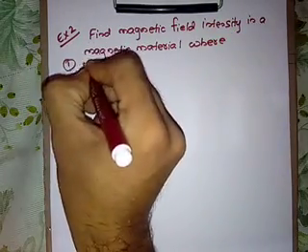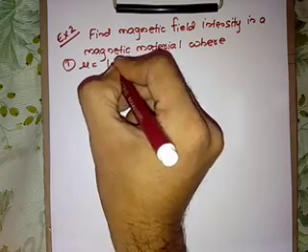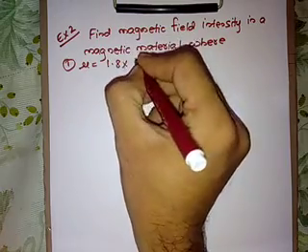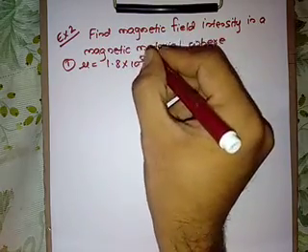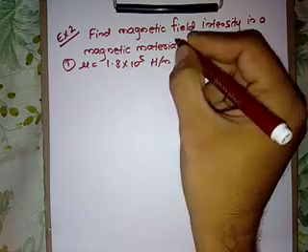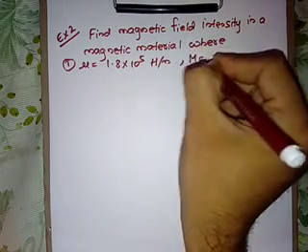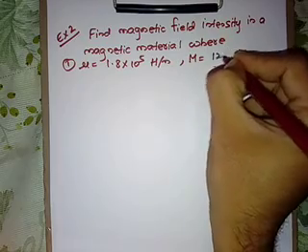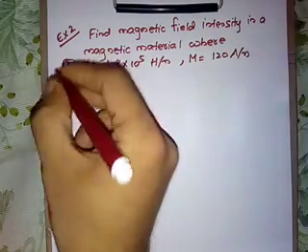what is given, mu is equal to 1.8 into 10 raised to 5 Henry per meter. M is equal to, magnetization is 120 ampere per meter.